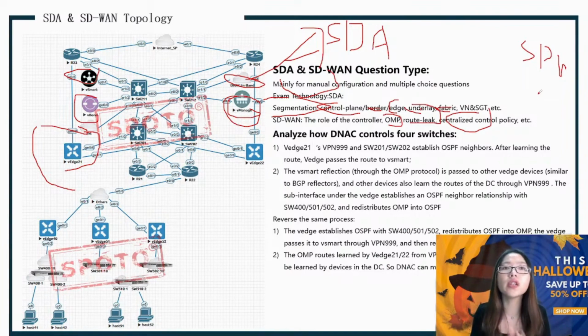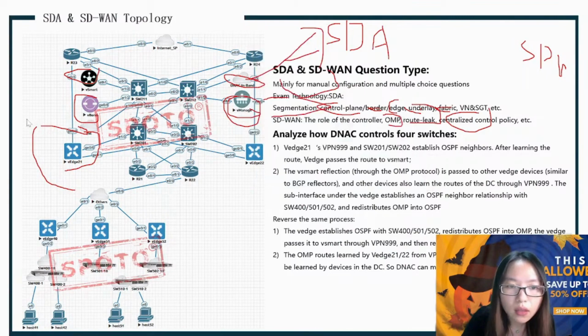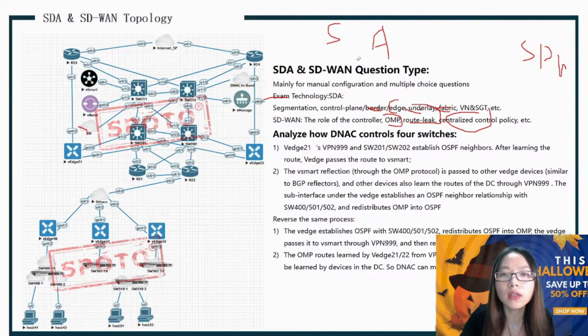You should understand the role of each controller, such as how to pass routes between these controllers. The second is about the switches.